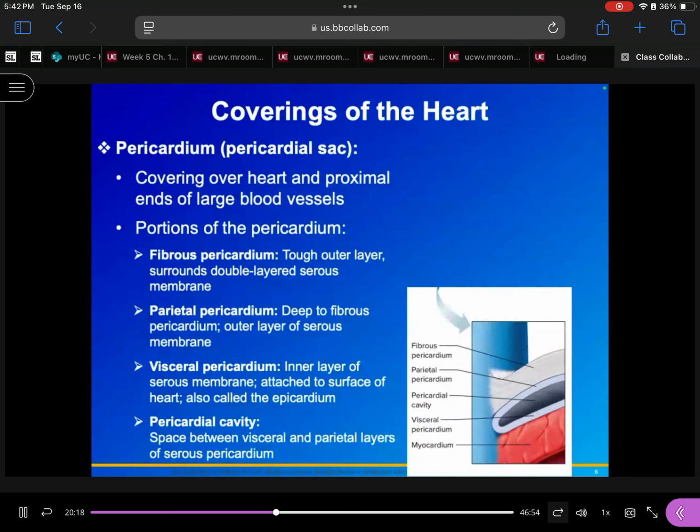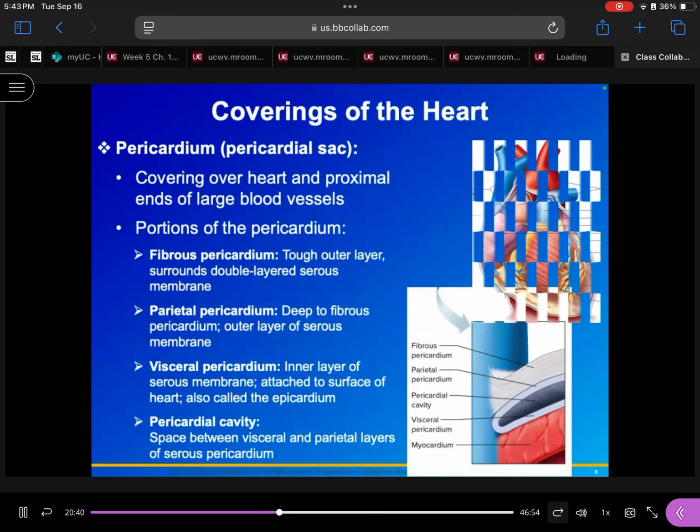So we have the parietal pericardium, and then it curves around, and on the bottom part, which is actually the outer part of the outer wall of the heart, we'll get to that in a minute, is going to be the visceral pericardium. And right in between that, where all the fluid is going to be, is the pericardial cavity. We will go over this again in lab. You'll actually have to label it and whatnot, so don't get too hung up on it now.